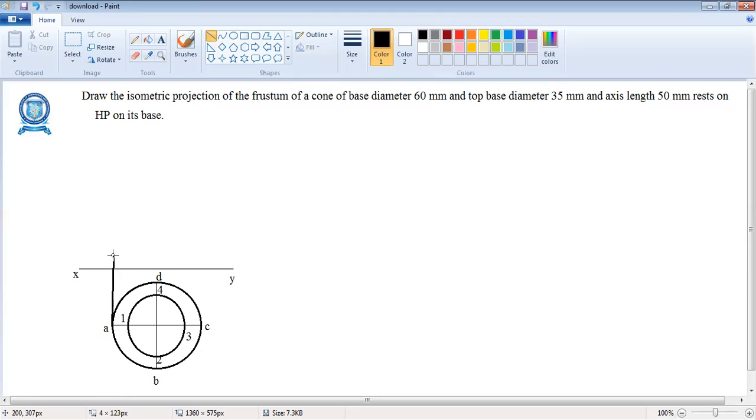Now we are going to draw a front view. And also for the top view, we have to extend this.